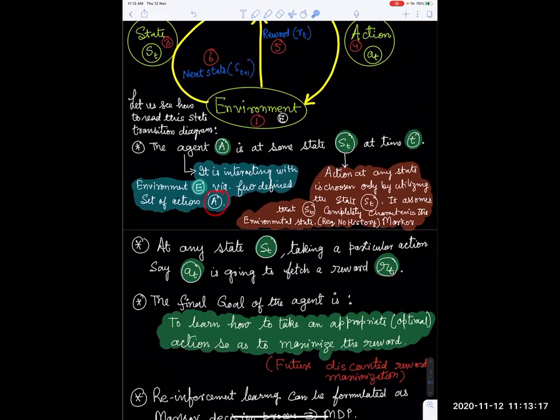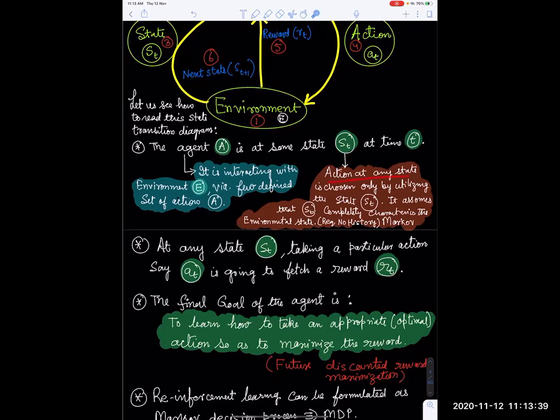These actions are fixed, because in any game or any environment you cannot take each and every action. Even if it is a learnable, or you can say a digital, environment, the actions must somehow be discretized. So we are assuming that there are A1, A2 and so on up to some finite number of actions.